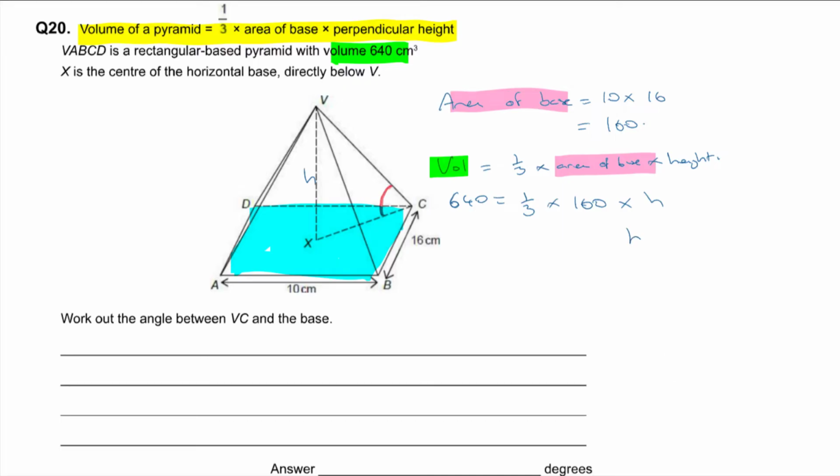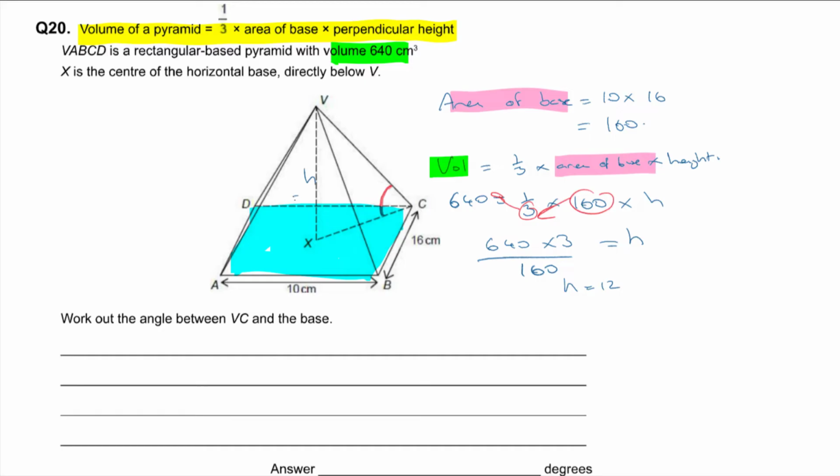So H is going to be 640 times 3 over 160. So let's work that out then. 640 times 3 divided by 160, that comes out to be 12. So H is 12.